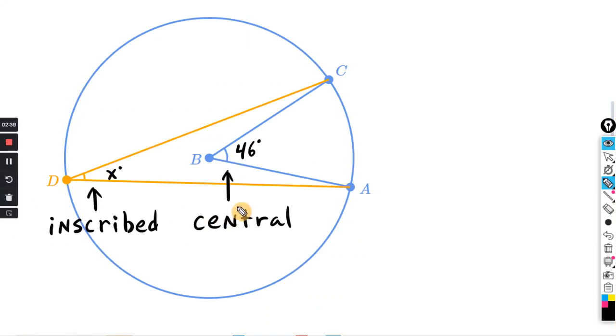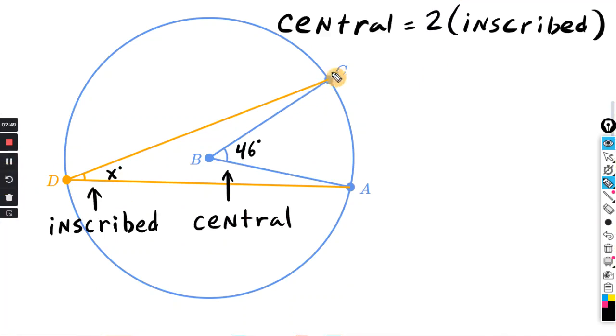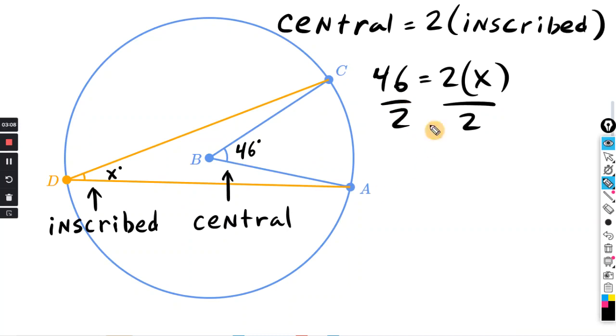We said the central angle is 2 times the inscribed angle. Let me write the formula real quick. Central angle is 2 times the inscribed. The central angle is 46, and that equals 2 times the inscribed angle, which is X. Solving for X, the opposite of times 2 is divided by 2.